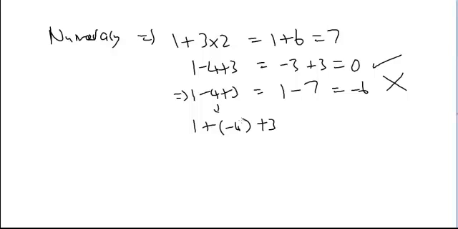A handy way to check, though you can't do this in the exam, is use Google. So just type in 1 minus 4 plus 3, and Google knows how to interpret that. So that way you can see what the correct answer is and learn that way.